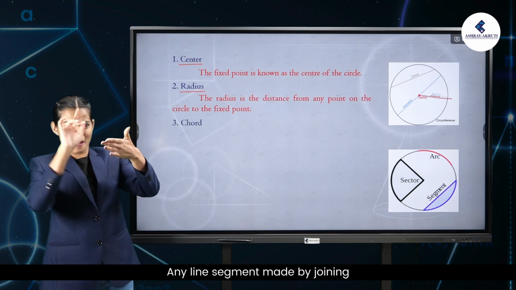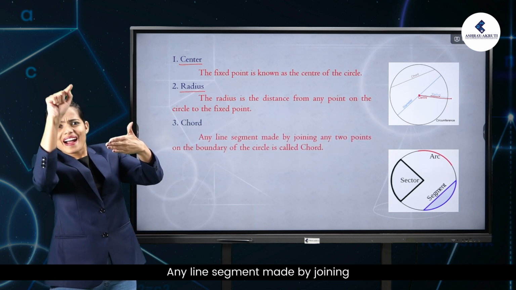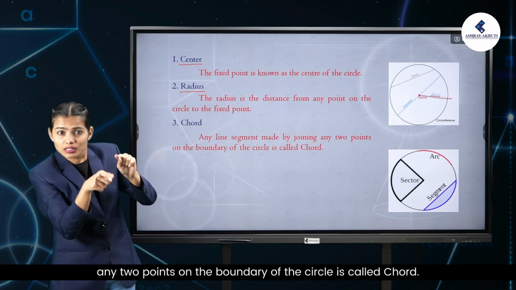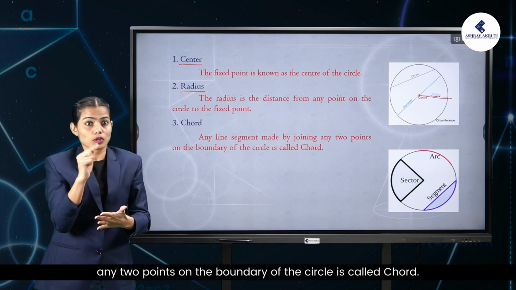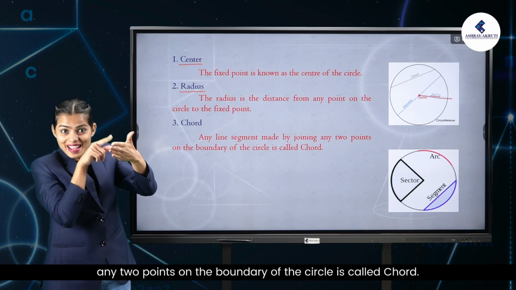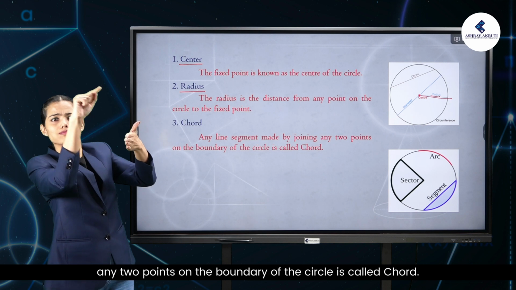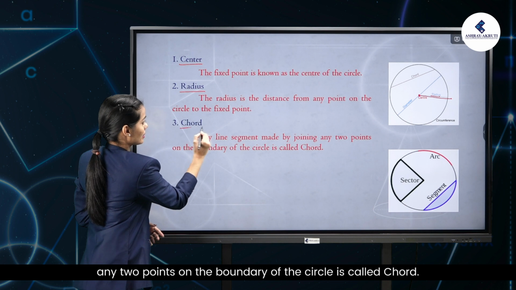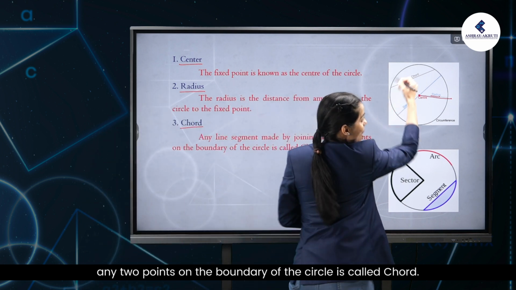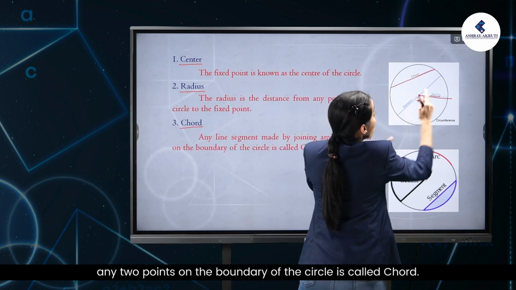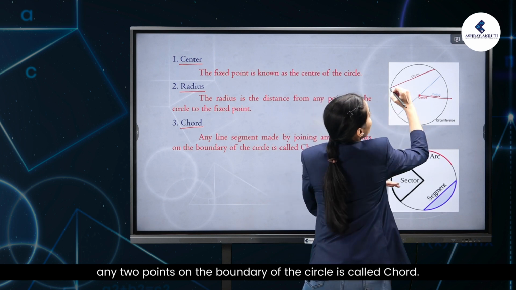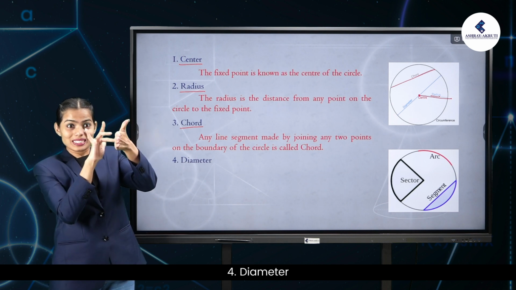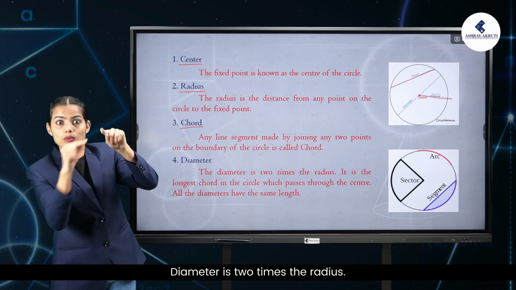Chord. Any line segment made by joining any two points on the boundary of the circle is called chord. Diameter. Diameter is 2 times the radius.